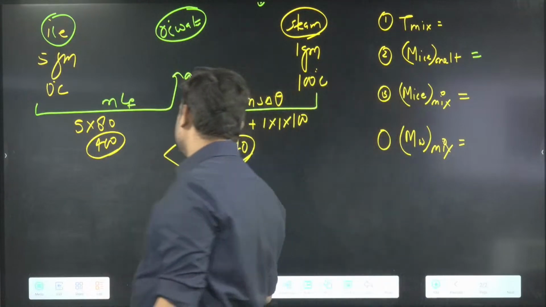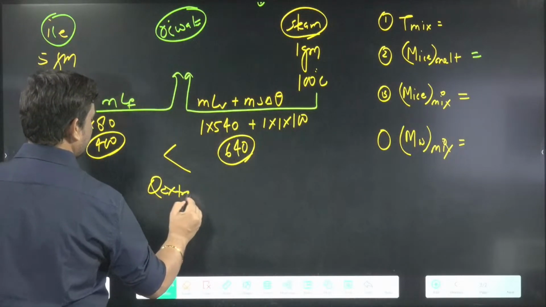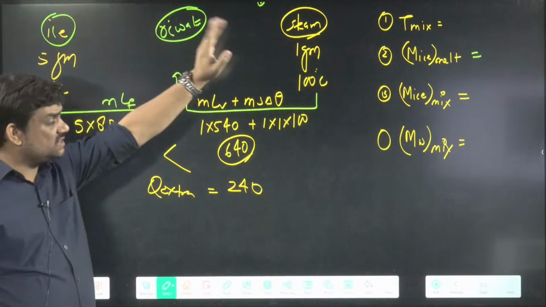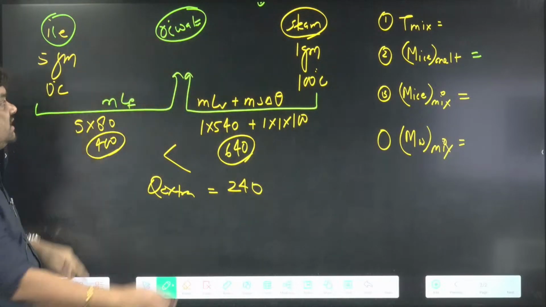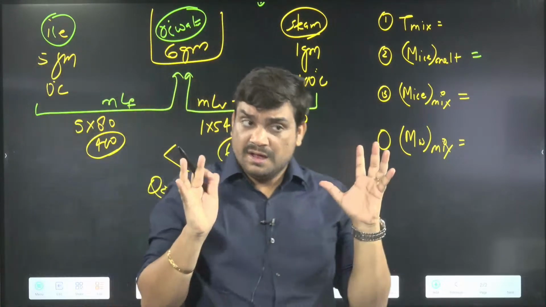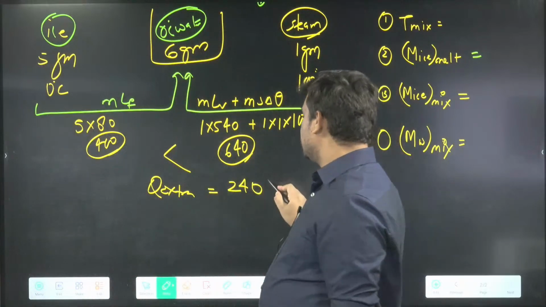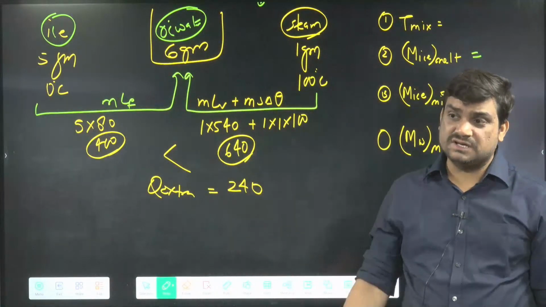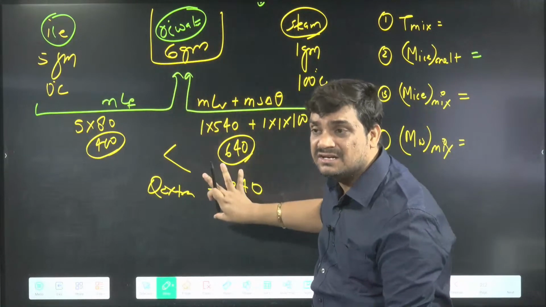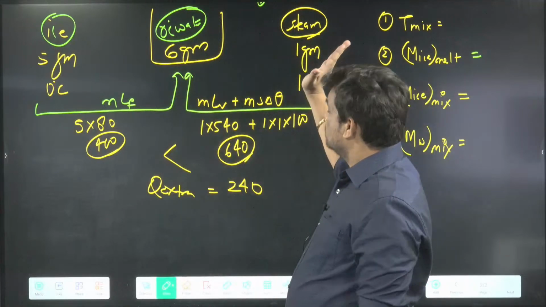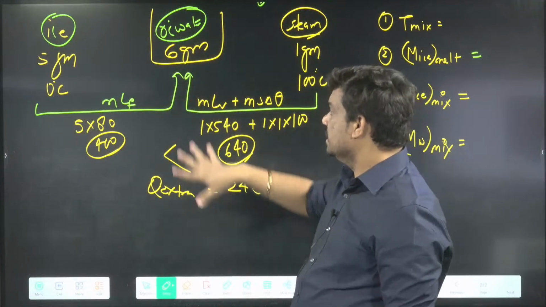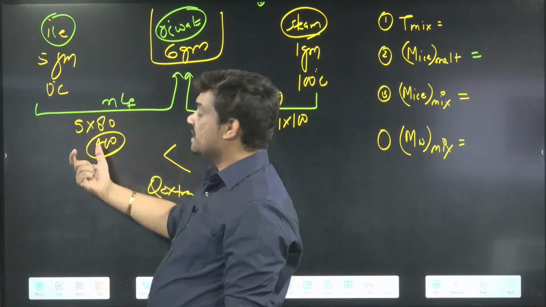So this side energy is more. How much is the Q extra? Q extra in this case is 240. That will increase the temperature. From this side 5 gram ice, and from this side 1 gram steam, so total water will be 6 gram at 0 degrees Celsius with excess energy of 240. The steam comes to 0 degree Celsius water by supplying 640, and the ice is converted to water by taking 400.